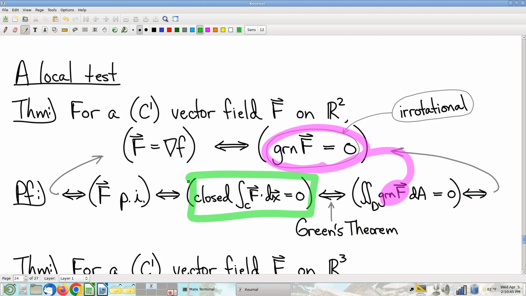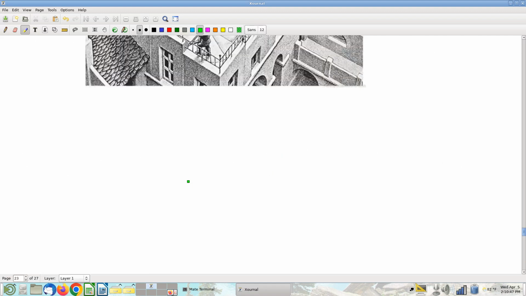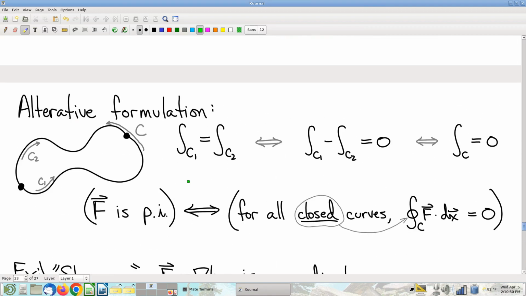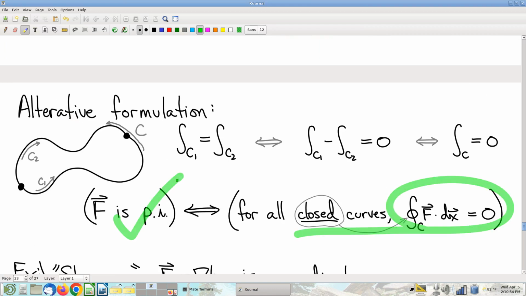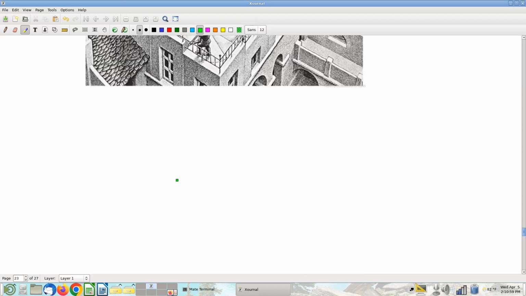And if closed line integrals are all 0, that means path independent. Is that cool? Yeah. All right.